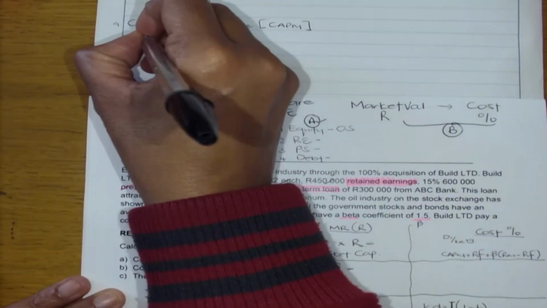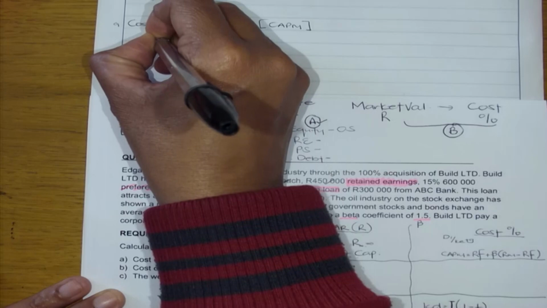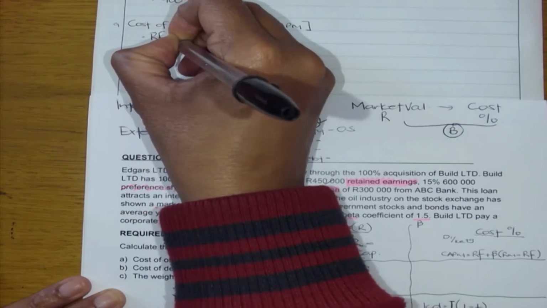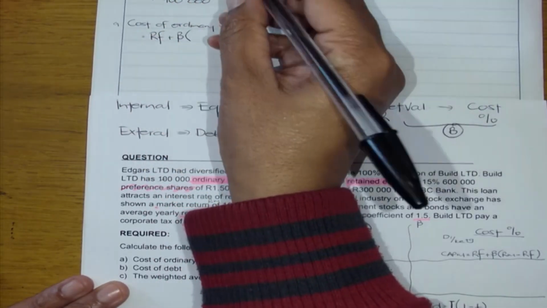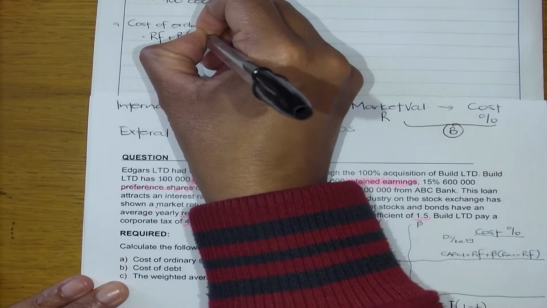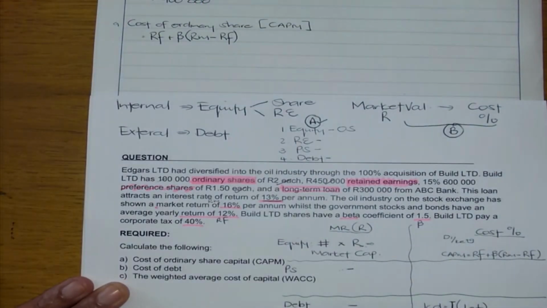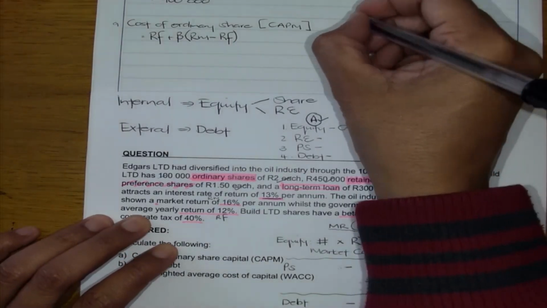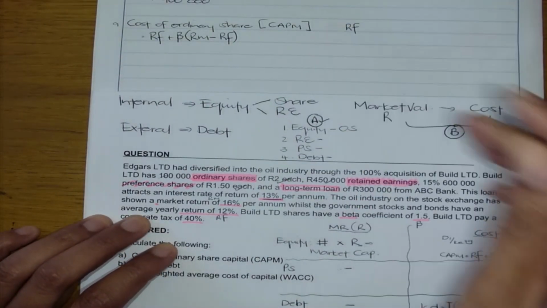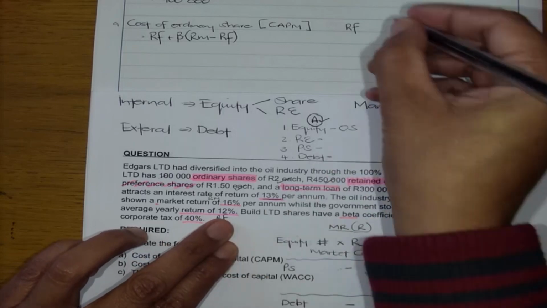So our cost is equal to our risk-free plus our beta. Please, guys, always write the formula, right? You get marks for it. And then I'm just going to substitute. Now, what did they say? My risk-free, the question said it was 12%.